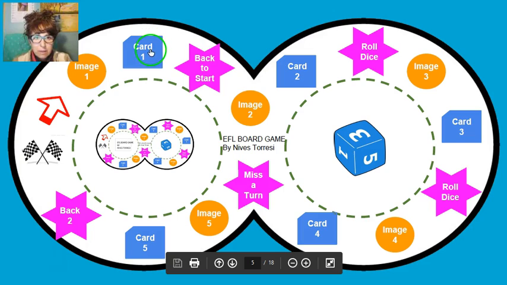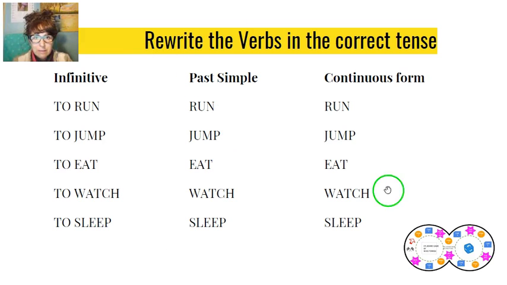Then just say you land on a card. We click on the card, and the card will tell us what to do. The difference is that with the images you describe what's on the image, and this is something that we use in EFL classrooms a lot, where we need the students to use the vocabulary that they have been learning to describe.